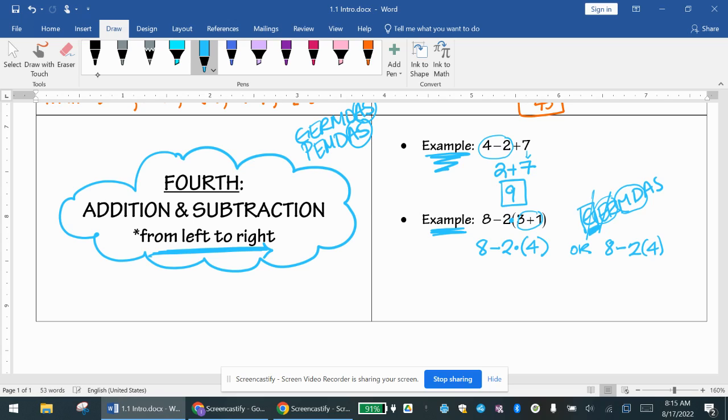So if I read it from left to right, the subtraction means that the 2 is negative. So when I multiply these, it's negative 2 times 4, which is negative 8. After I'm done with multiplication or division, I move on to addition and subtraction, which is the only thing that's left, and our answer is 0.